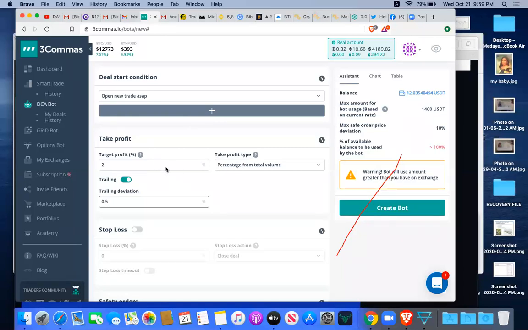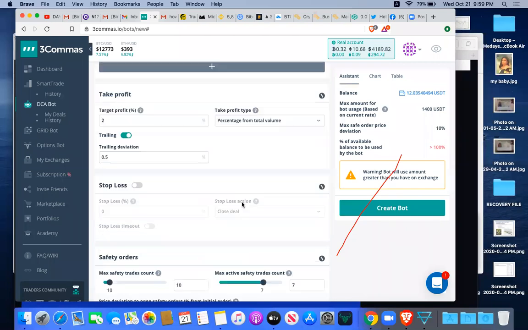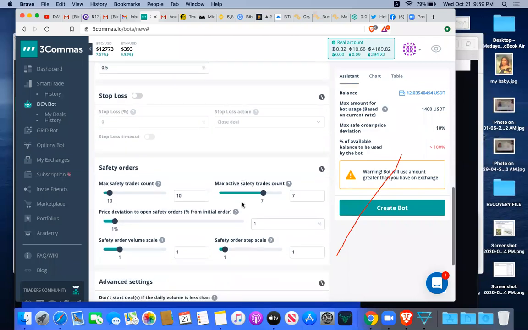When the market consolidates at a resistance of that 10%, once the market drops back by 0.5%, that's what we call the trailing deviation. It will now sell off. So it means it makes you way more than the profit you were targeting. Okay? So that's what we call trailing.